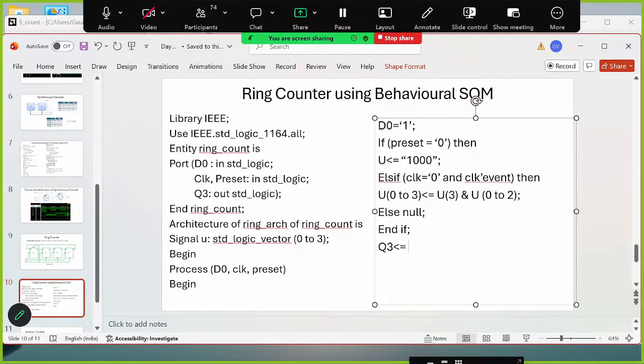Q3 will get the value of U of 3. This is the final output.